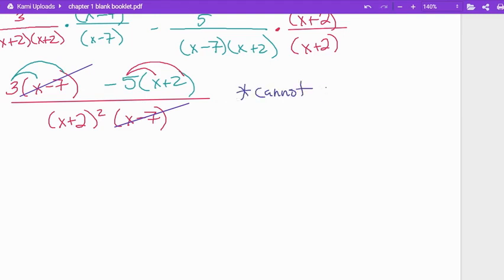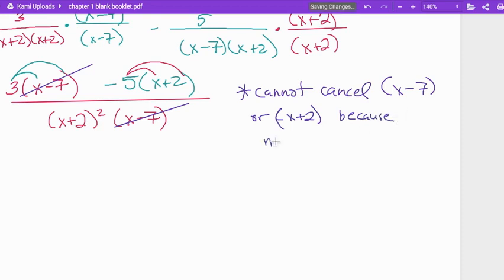Cannot cancel x minus 7, or x plus 2. X plus 2 is the same situation because the numerator has subtraction.